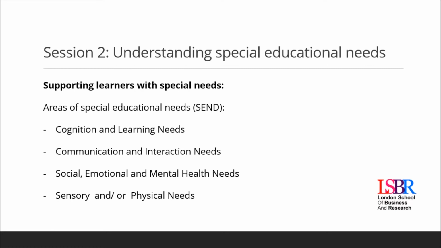And then also our learners may have sensory and physical needs. For instance, if we've got learners who are in a wheelchair, this is information that we should be collecting in advance, especially if you're delivering training programs face to face, and we know that one of our learners is in a wheelchair.